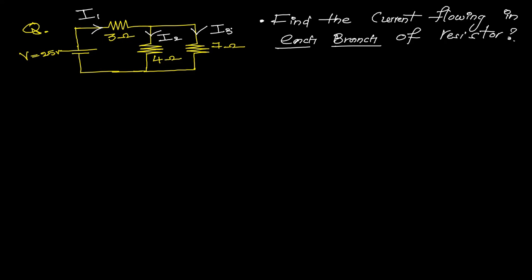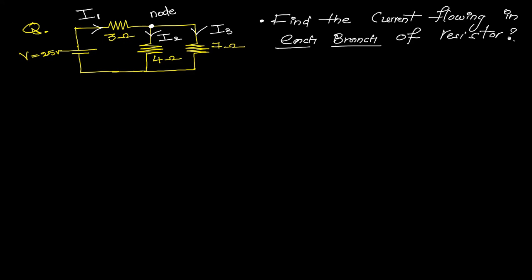I have given names to the individual currents flowing in the individual branches. Now our task is to find the current flowing in 3 ohms, 4 ohms and 7 ohms. For example, this is the node. For this node, I1 is the incoming current, and I2 and I3 are the outgoing currents.